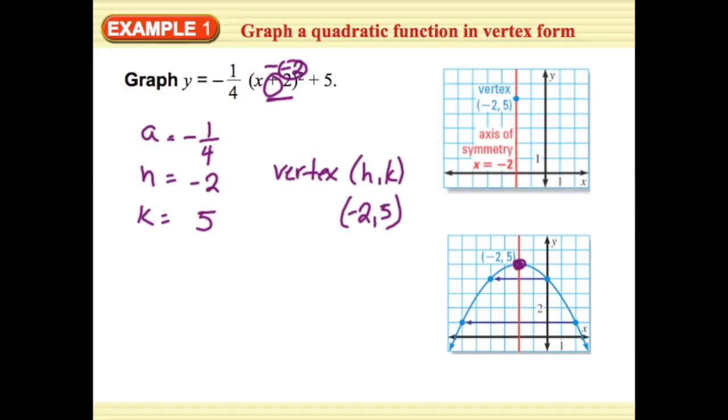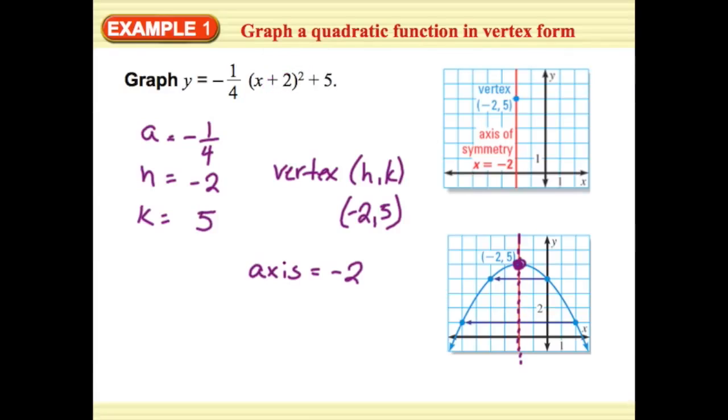My axis of symmetry is at h, so that's equal to negative 2. So you can see this red line that I'm dotting over, that's my axis of symmetry. And now I can evaluate for more coordinates and reflect over my axis of symmetry just like I do with standard form. So this one's going to be a little trickier because we do have that square. It's a little more of a complex formula, but we can work with it.